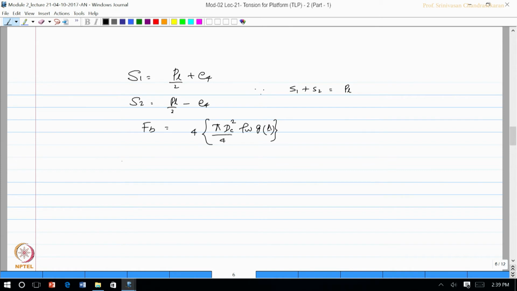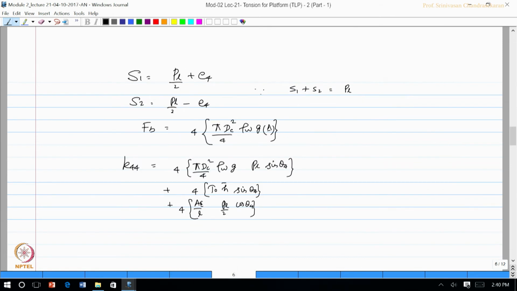Now, I want to write K 44, which will be pi DC square by 4 into rho w into g into PL sin theta 4, 4 times of this, plus T0 h bar sin theta 4, 4 times of this, plus AE by L PL by 2 cos theta 4, 4 times of this. Let us say this is my equation 9.